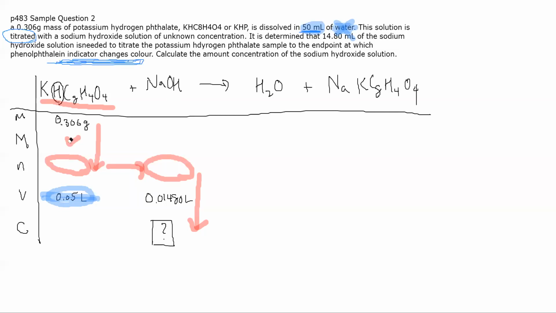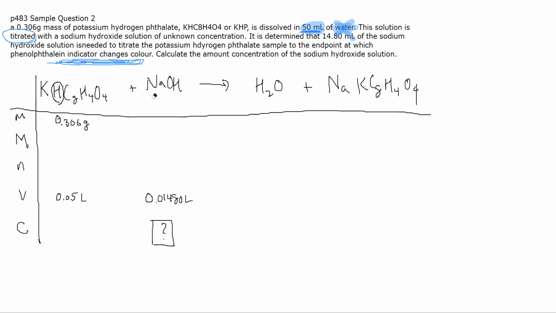All right, erasing. Let's do it. The molar mass of KHC8H4O4, let me see if I remember this. Potassium should be 40.08.